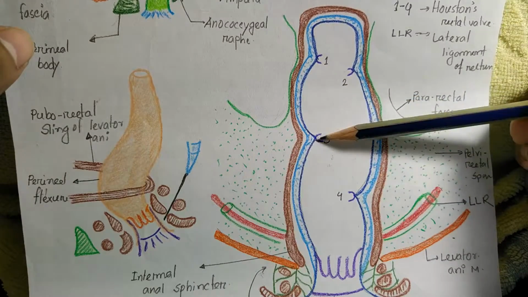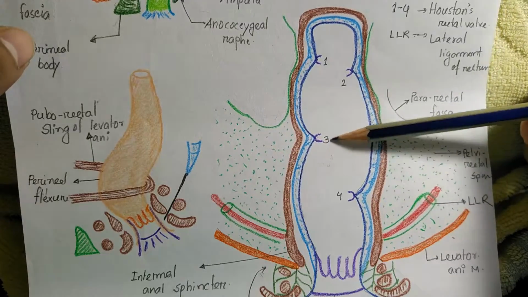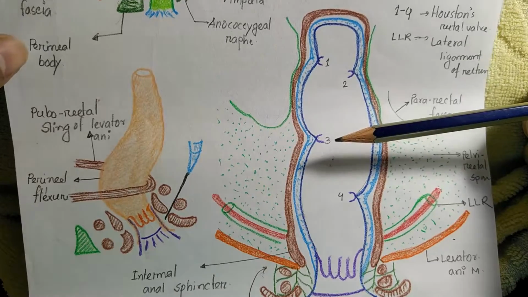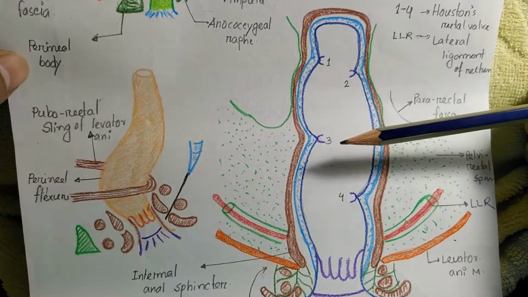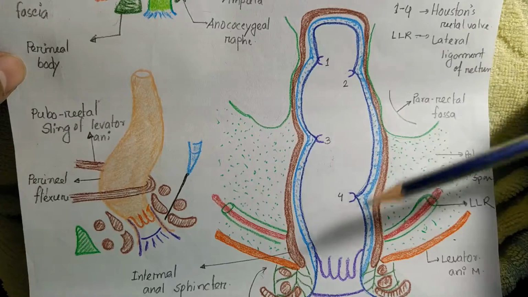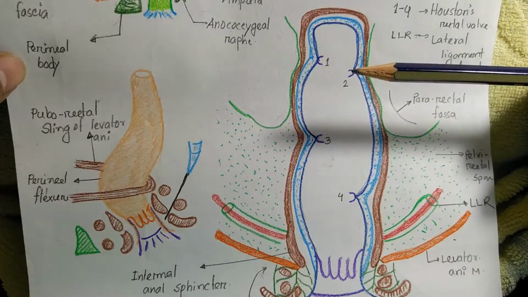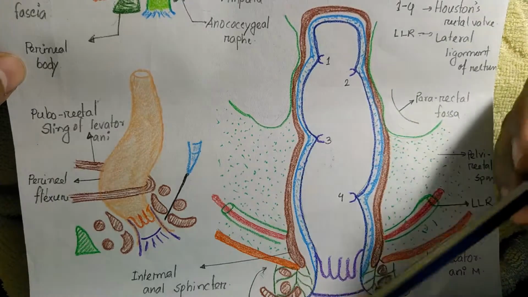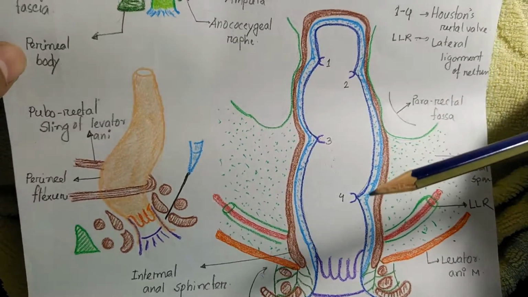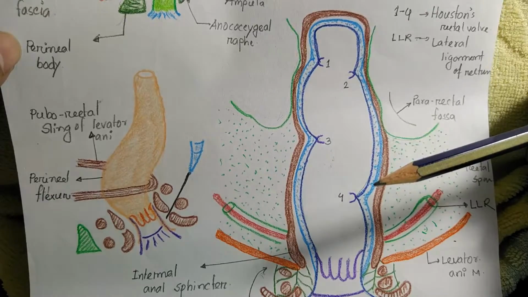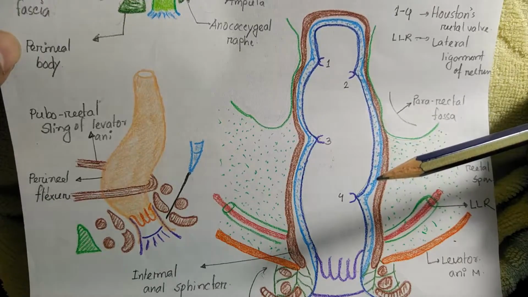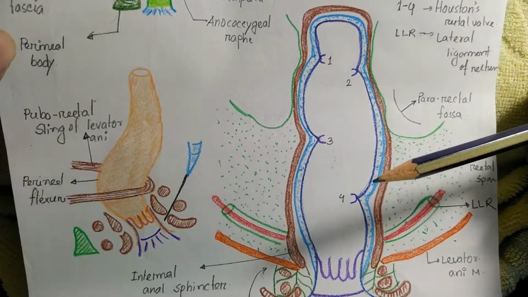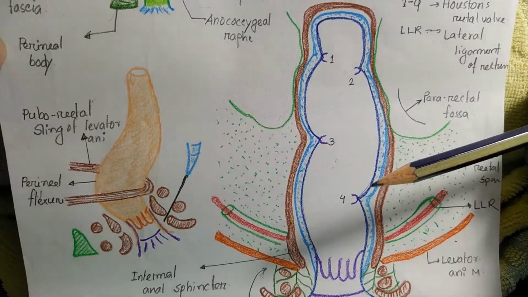The third valve especially is also called the Kohlrausch valve. These valves must not be injured or destroyed, so when the rectum and anal canal must be examined by doctors, the patient must be kept in the left lateral position, not right, not upright, not lithotomy position.